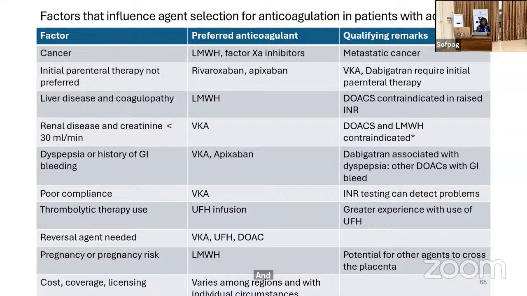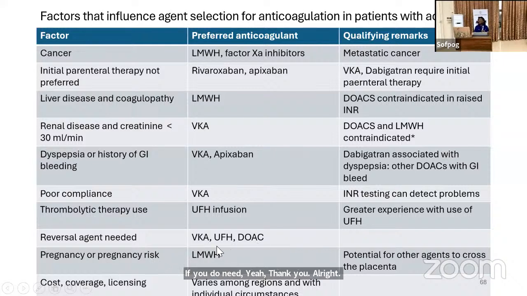For thrombolytic therapy, we want to use unfractionated heparin. And if you need a reversal agent when the person is at high risk of bleeding, then you are better off using unfractionated heparin rather than a direct oral anticoagulant.